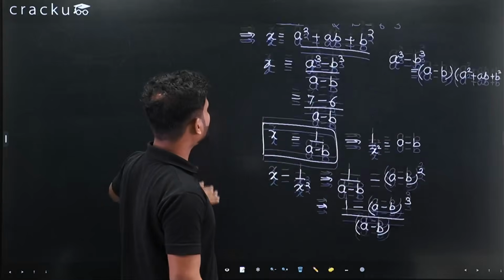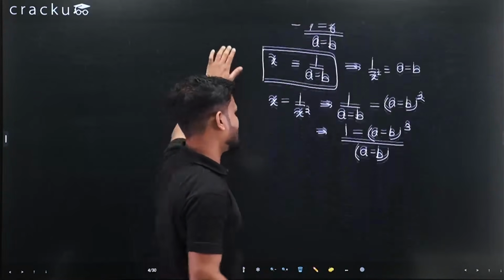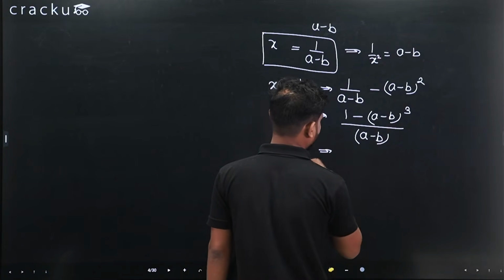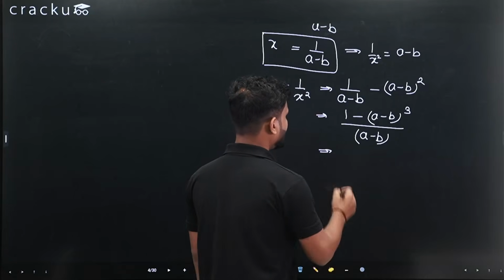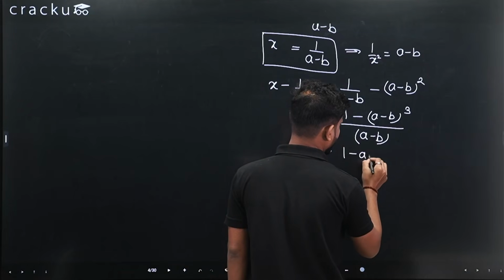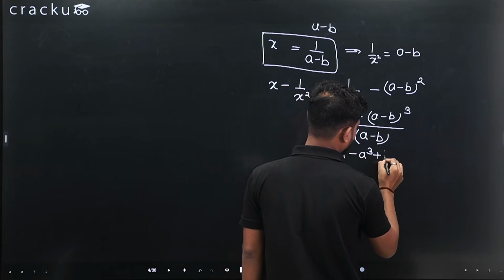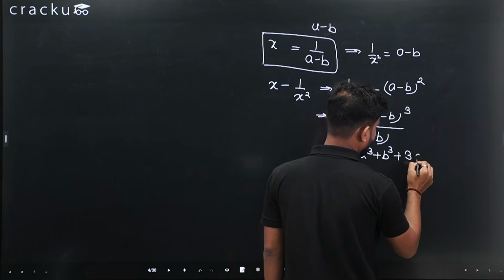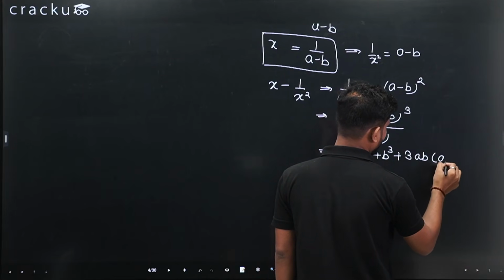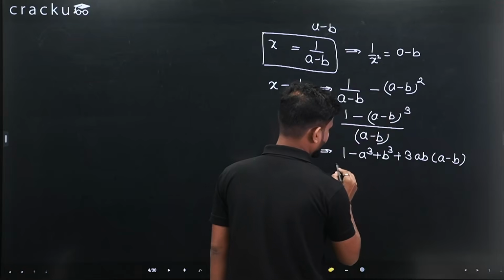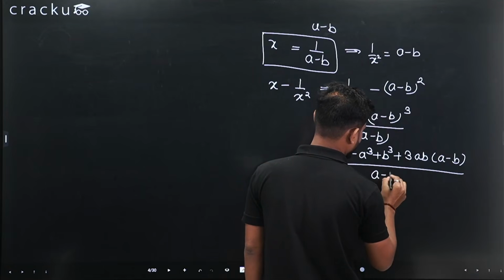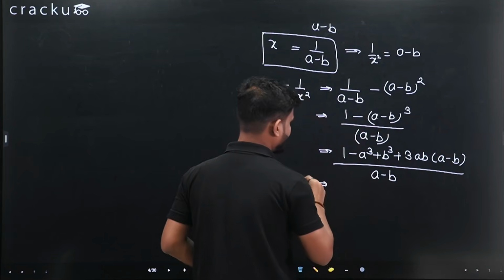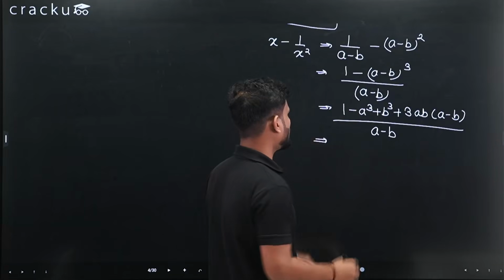Now what is (A minus B) whole cube? Let us expand this one. From here what do we get? We get 1 minus (A cube minus B cube minus 3AB into (A minus B)) upon A minus B. Now from here A cube is what?